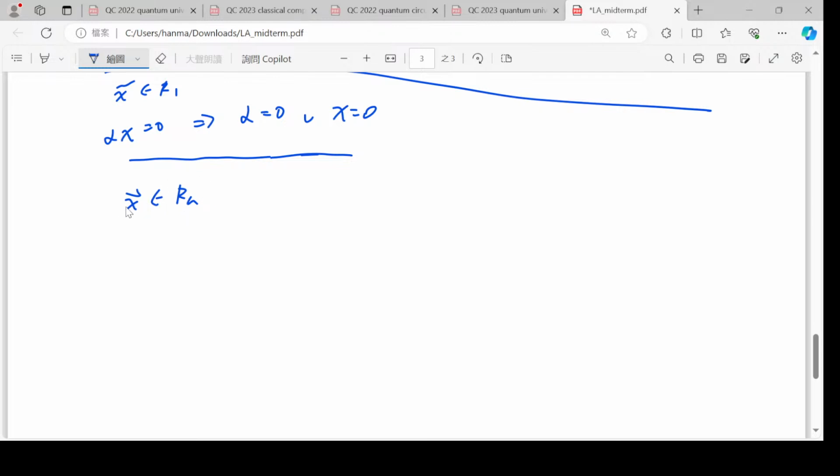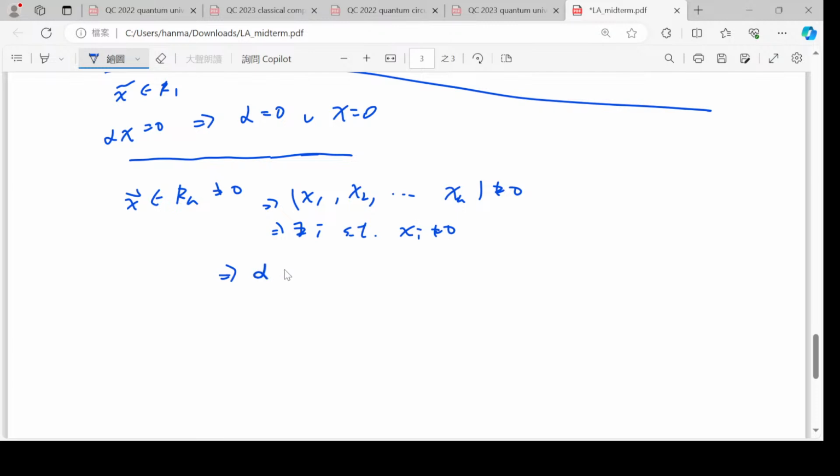Then we have x in Rn not equal to 0. Then we have x1, x2, ..., xn not equal to 0, so there exists some i such that xi not equal to 0.